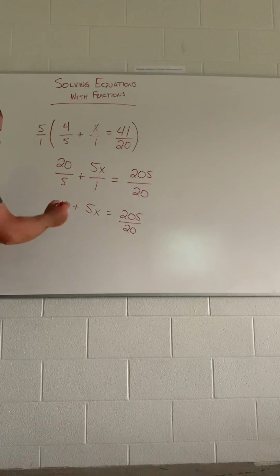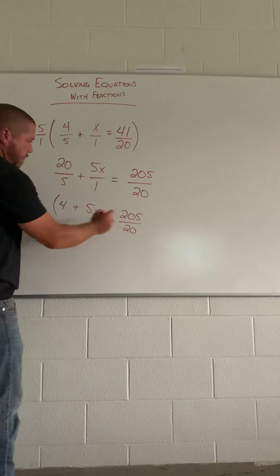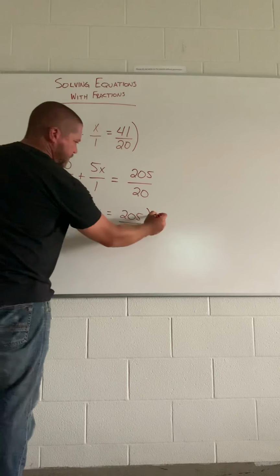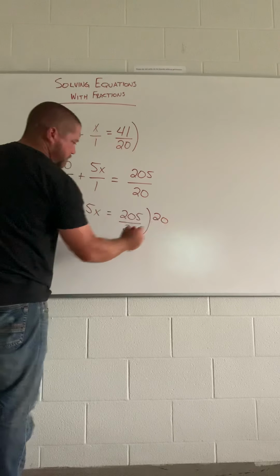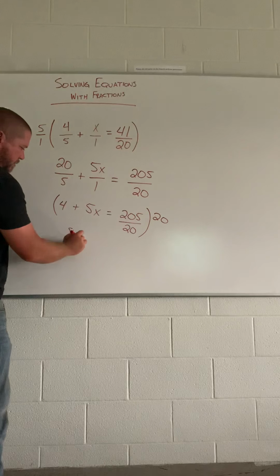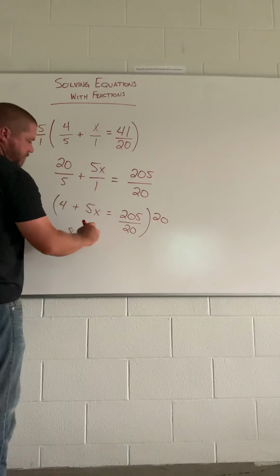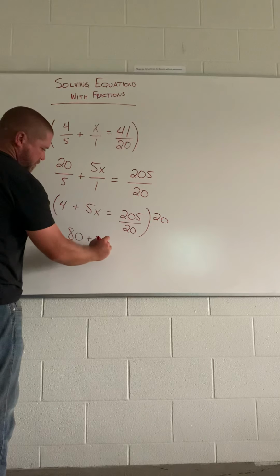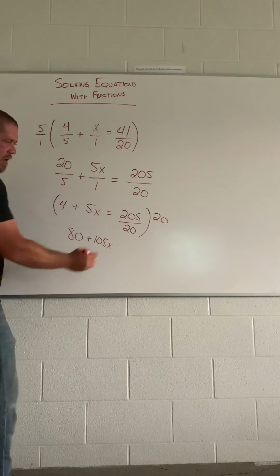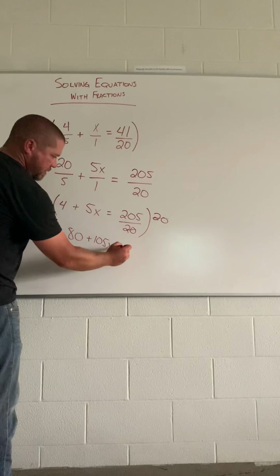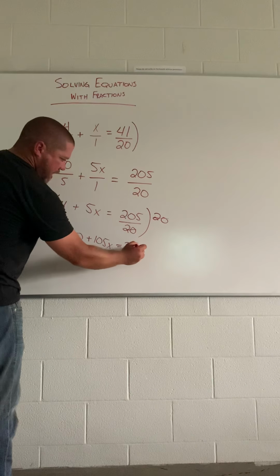If I multiply everything by my denominator, I'm going to put it over here this time so you can see how it cancels. 20 times 4 is 80. 20 times 5x is 105x. And then that is just going to cancel with that, leaving me with 205.